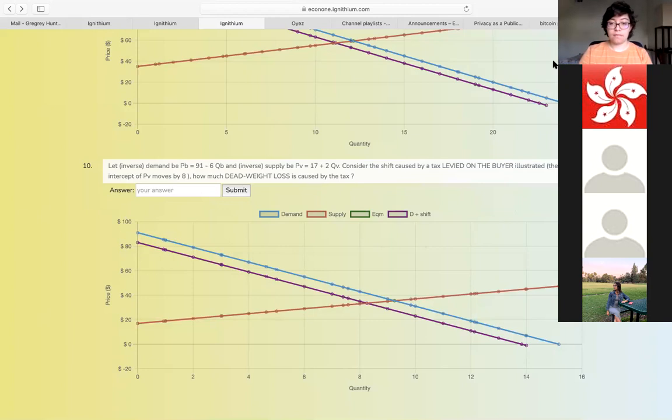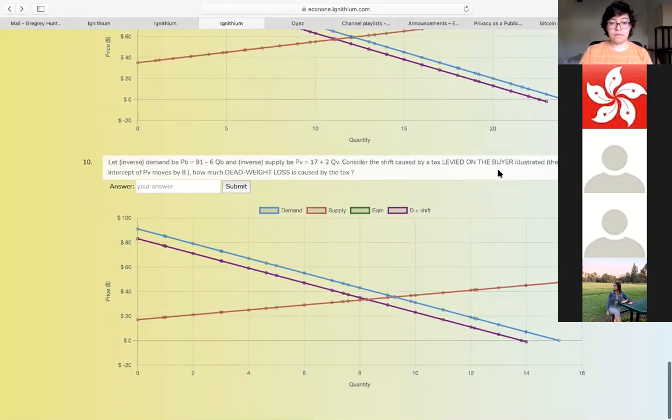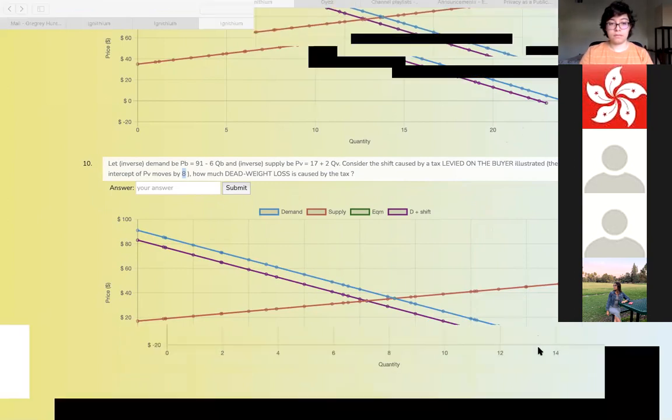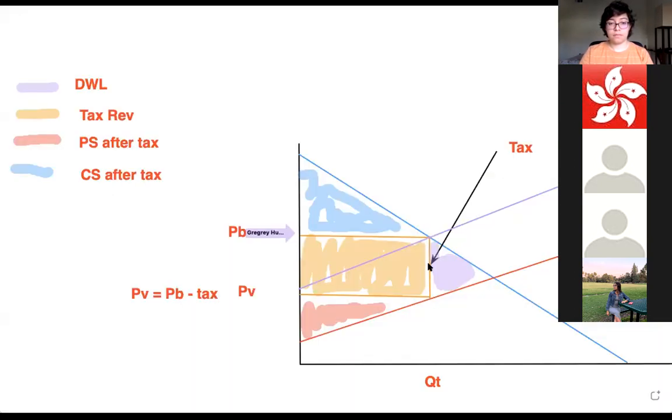Can we do the deadweight loss? Yeah, sure. So here, remember, the size of the tax is 8, right? And if we go back to our illustration on the whiteboard, then we can see this triangle. The base here, can you see what I'm pointing to, Beverly? Yes.